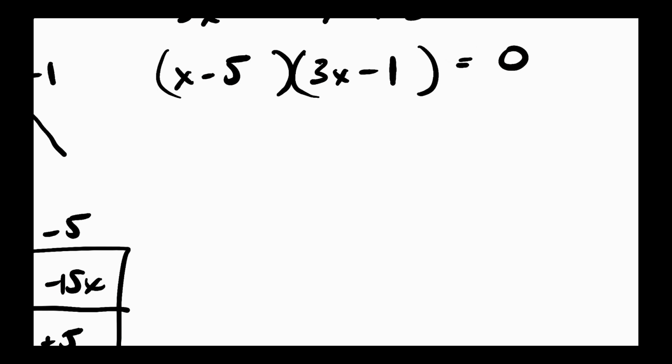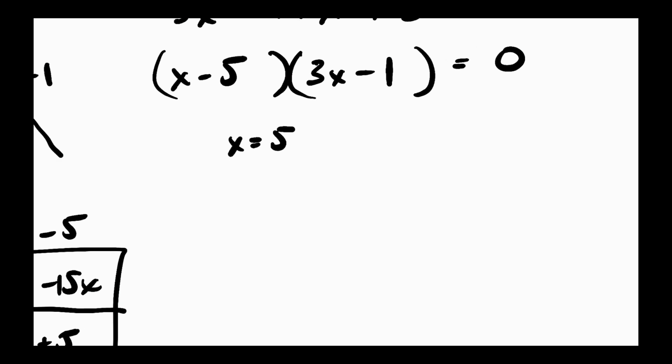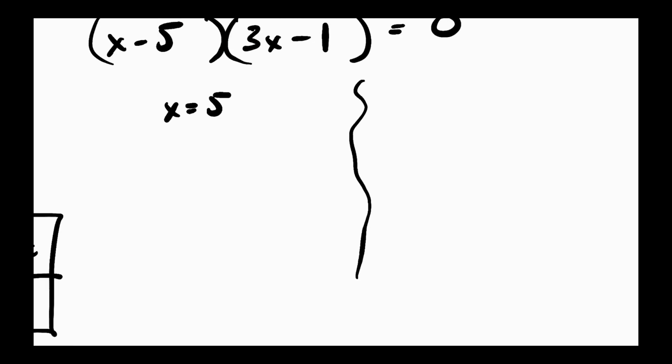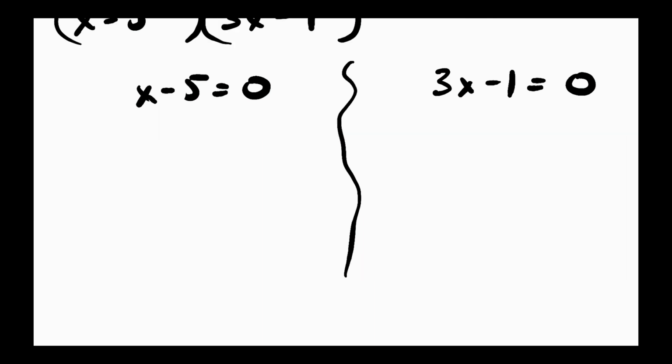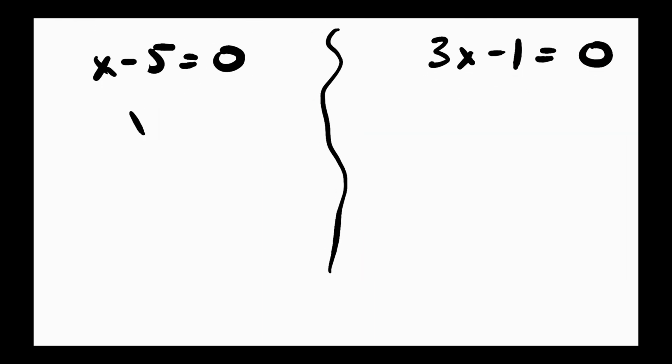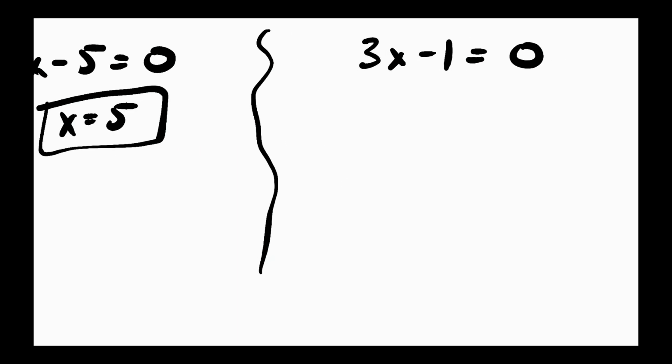Set them both equal to 0: x minus 5 equals 0 and 3x minus 1 equals 0. Then I add 5 to both sides and get x equals 5, and then I add 1 to both sides and divide by 3, I get x equals 1/3.